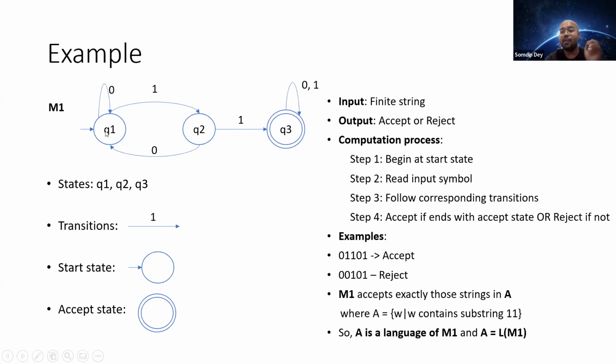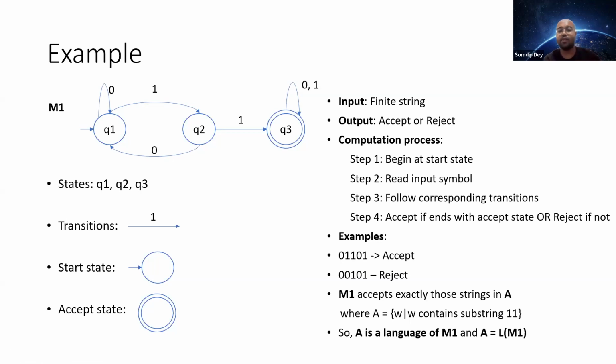Then you read the input symbol that comes in. The next step is to follow the corresponding transition between the states, from Q1 to Q2 to Q3, or any of the transitions in between. If the string ends up in the accept state, then the input string is accepted. If it does not, then it is rejected.